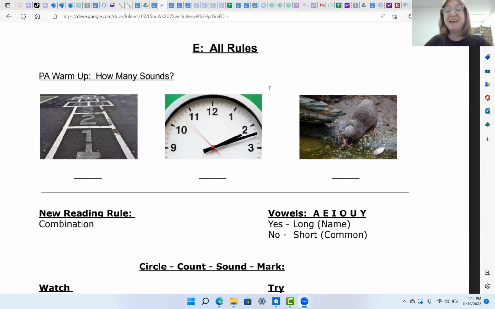Well done. Okay. This next one's a little harder. How many sounds in otter? Otter. Don't think about the letters or it will mess you up. Just the sounds.